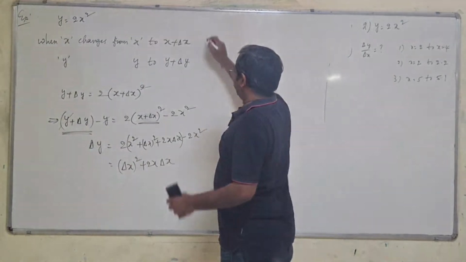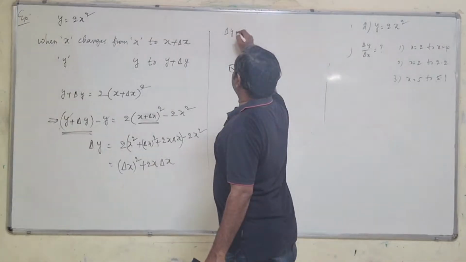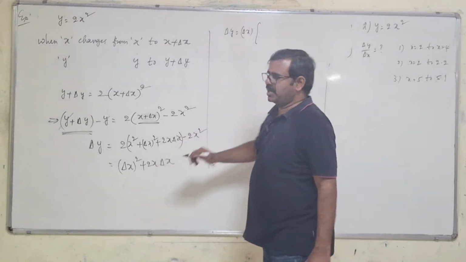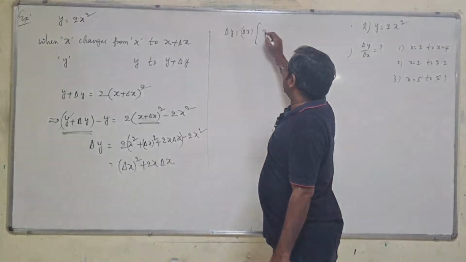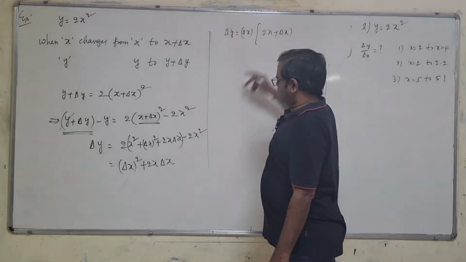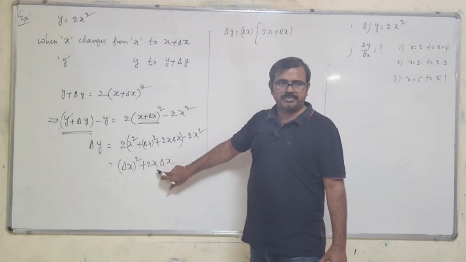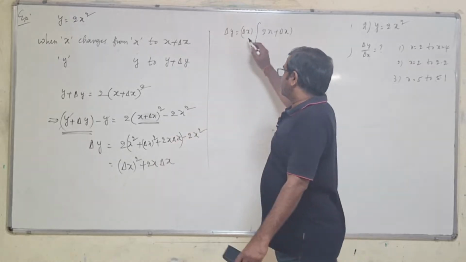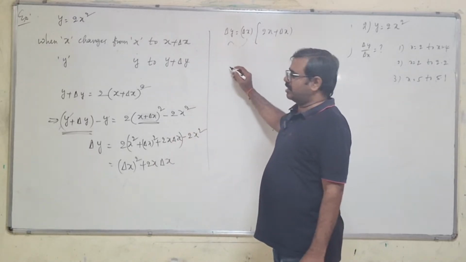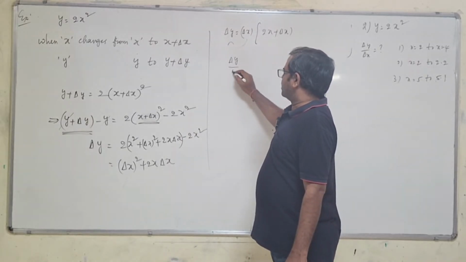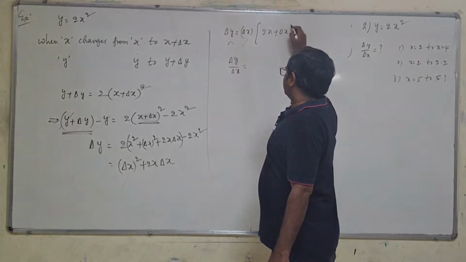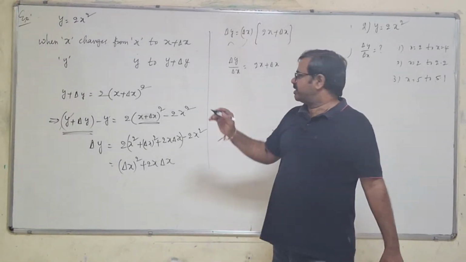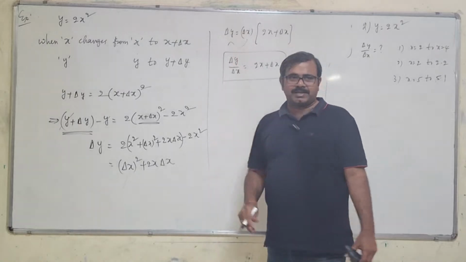On the right hand side, take delta x common. What do you get? Delta y is equal to delta x into, what do we have on the right hand side? 2x plus delta x. Here 2x delta x. You understand this? Now take this delta x to the left hand side. What do you get? Delta y by delta x is equal to what? 2x plus delta x. This is the generalized expression for delta y by delta x.